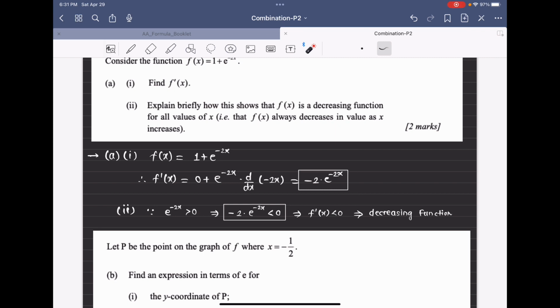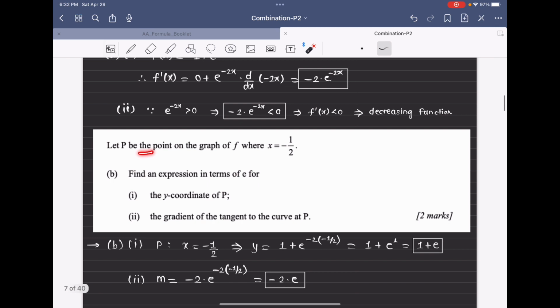But when you multiply this positive value by negative 2, it always becomes negative, because positive into negative is negative, and any negative number is less than 0. This is your f dash x, so f dash x is less than 0. Since the derivative is less than 0, it is a decreasing function.